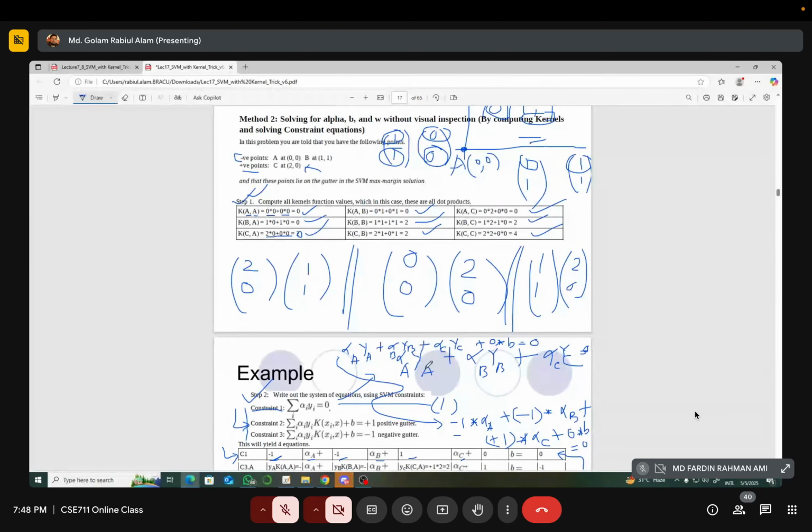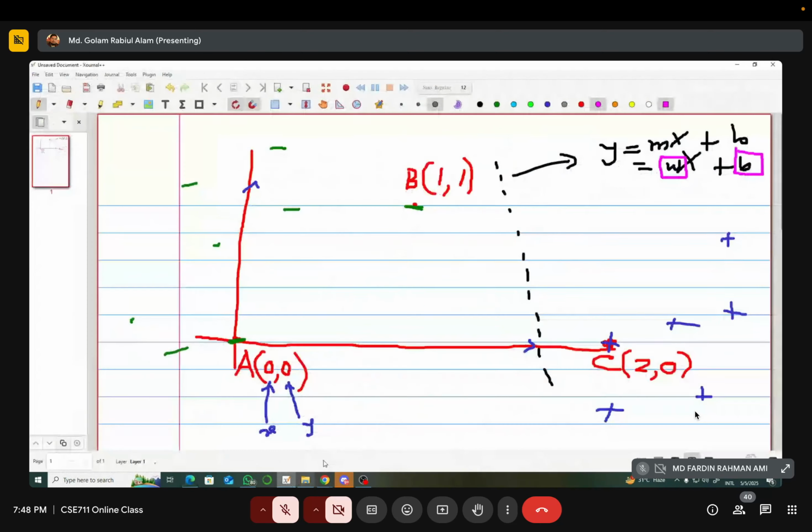If we want to draw the gutter, that is the positive gutter, maybe we can draw a positive gutter this way. So this is the equation of the positive gutter, where it will pass through our data point C.